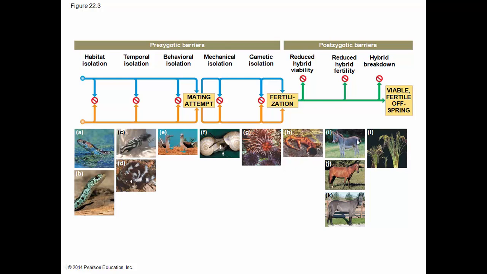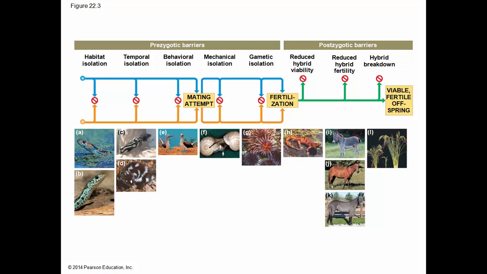And then we can also talk about hybrid breakdown, which is more complex, and it occurs in plants generally, in polyploid plants.